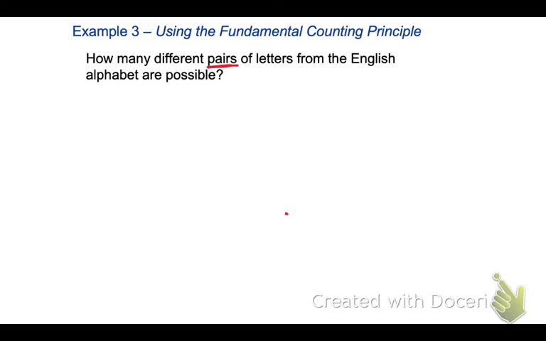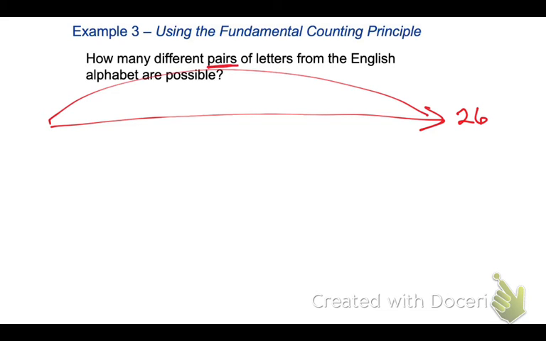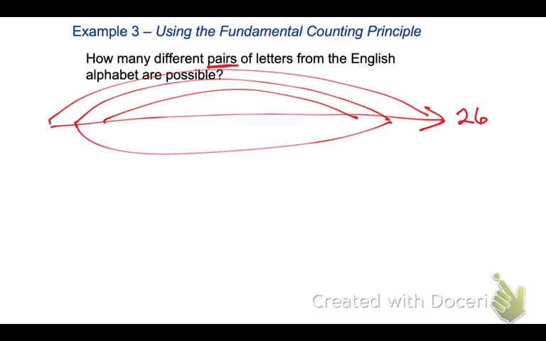So how many pairs? If I wrote the alphabet this way, there's 26 letters, yes? Yes. So when I'm pairing them up, if I compare this one with that one, and that one with this one, you guys want to start writing all those down?